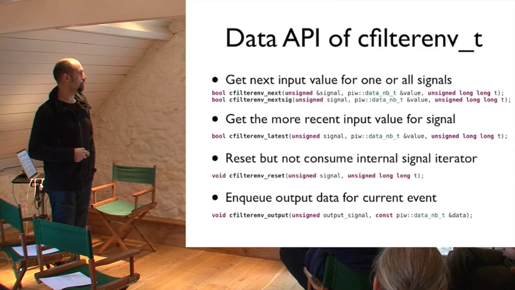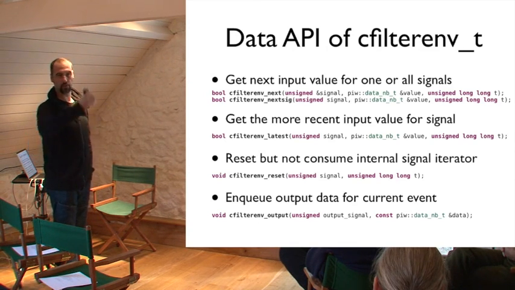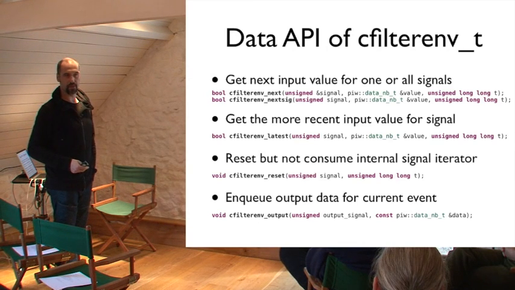And then you've got another version of this method where you pass in the signal, and it will give you the next value of that particular signal up until and including, I think, right? It includes that timestamp, and it will use the signal that you pass in. Then if you're only interested in the latest signal, if you don't want to process everything in between, this is something you typically do when an event starts up and you want to have a start value that might already be there at event start.